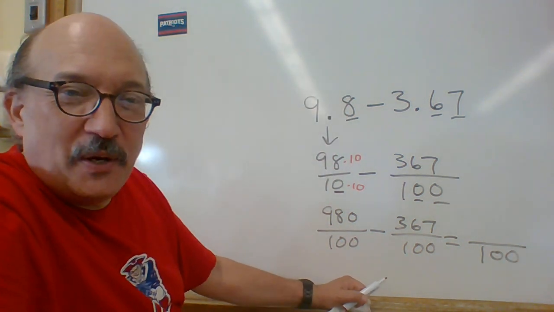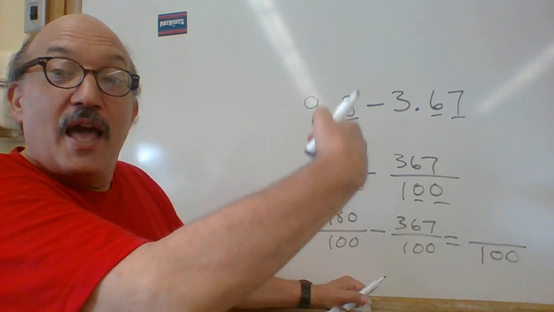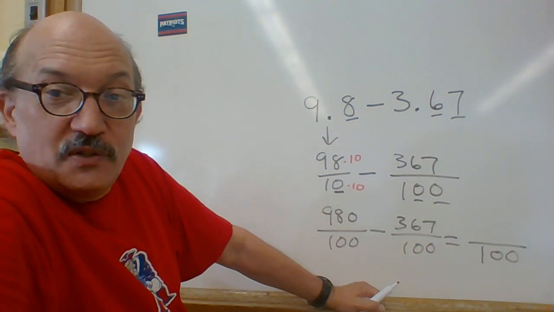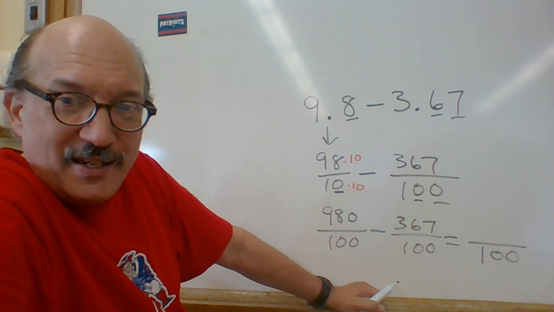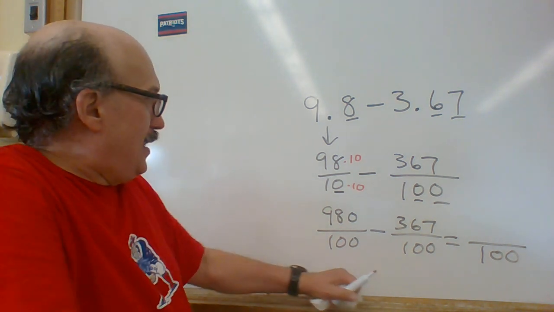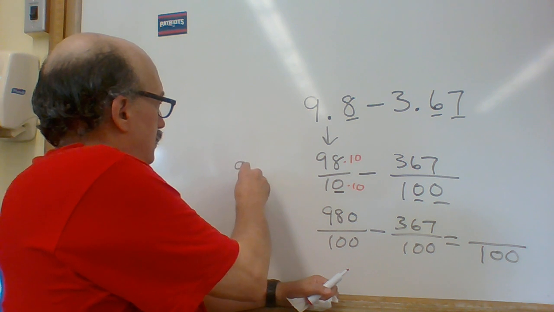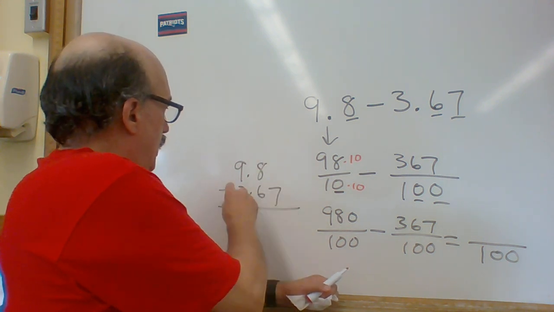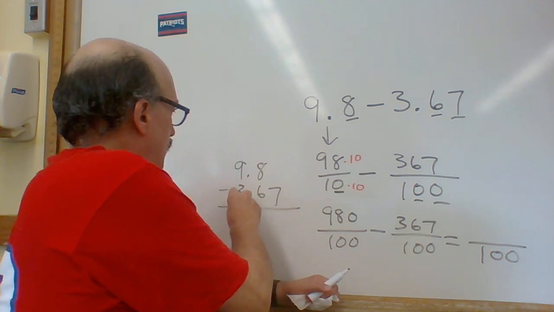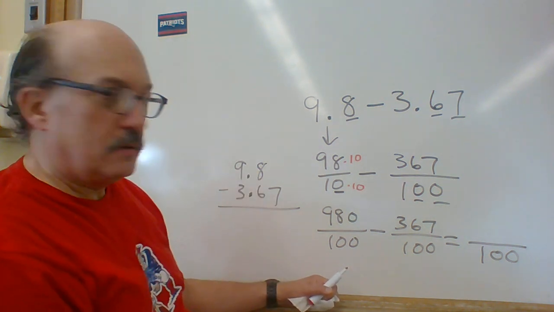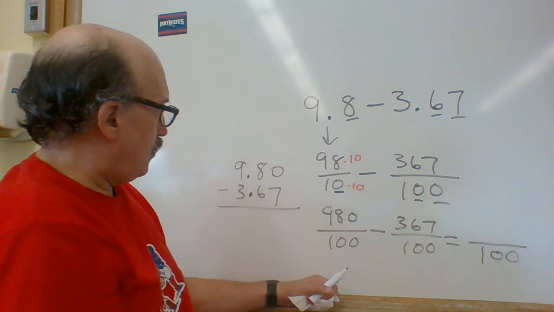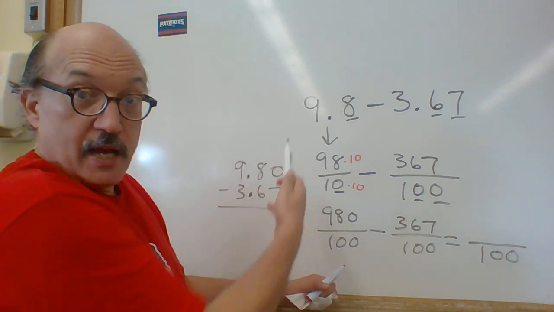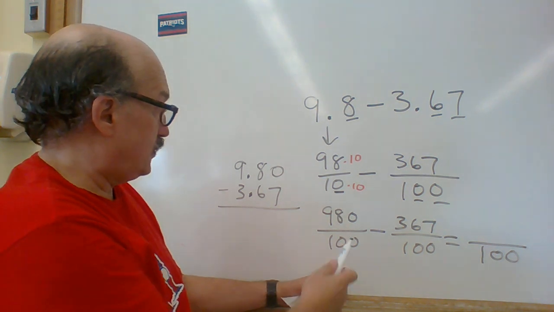The denominator is 100. The numerator is a whole number subtraction. We do 980 minus 367, which is essentially what I already did, right? When we wrote this, and I made a point here that you've got to put that 0 there, and then you're going to pretend you're doing 980 minus 367.